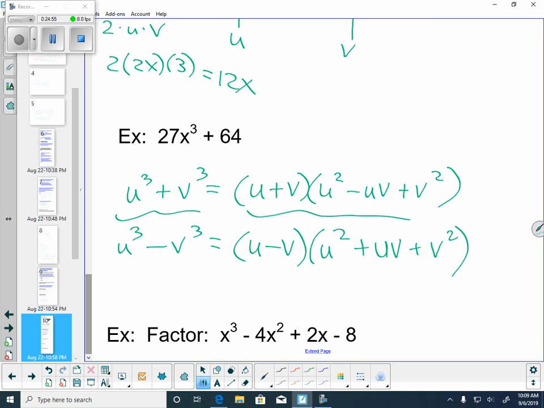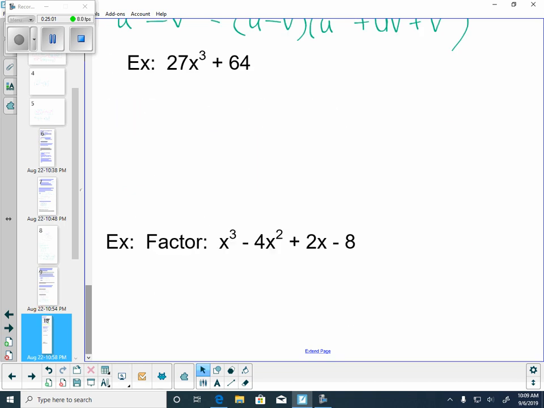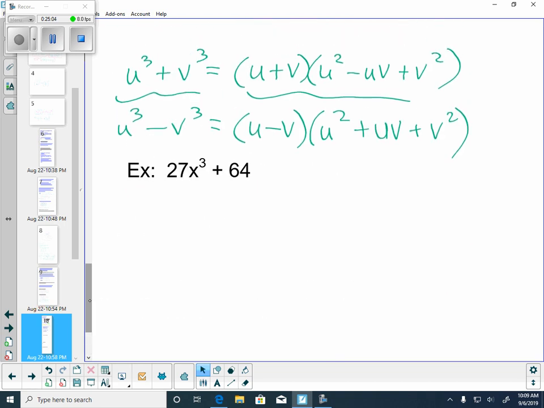So for this problem here that we're trying right now, is 27x cubed a perfect cube? You've got your list of perfect cubes. We see 27 is there. So what would I need to cube in order to get this first term? What would I need to cube in order to get that second term?